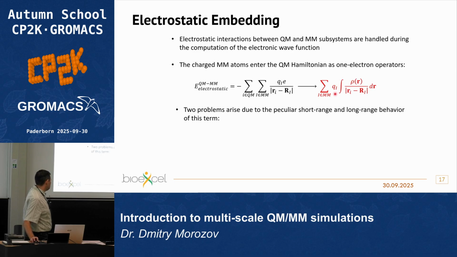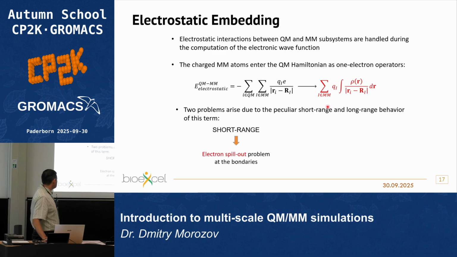The only problem is that you need to calculate this sum over all interactions for all MM atoms, which could be millions. You also need to take into account a second thing: your system in GROMACS, and in most biological simulations, is 3D periodic. So first you need to calculate this from all MM atoms, and second, you need to take into account that periodicity.